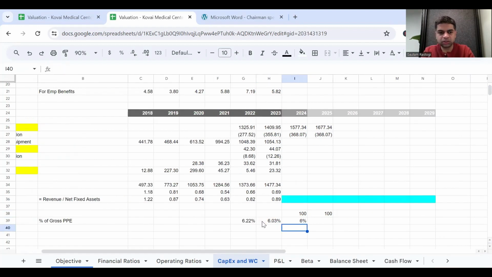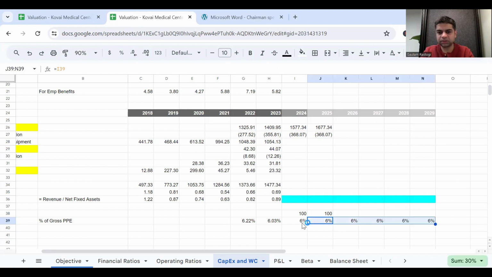This is my depreciation as a percentage of gross PP for the future, same as year 2023.